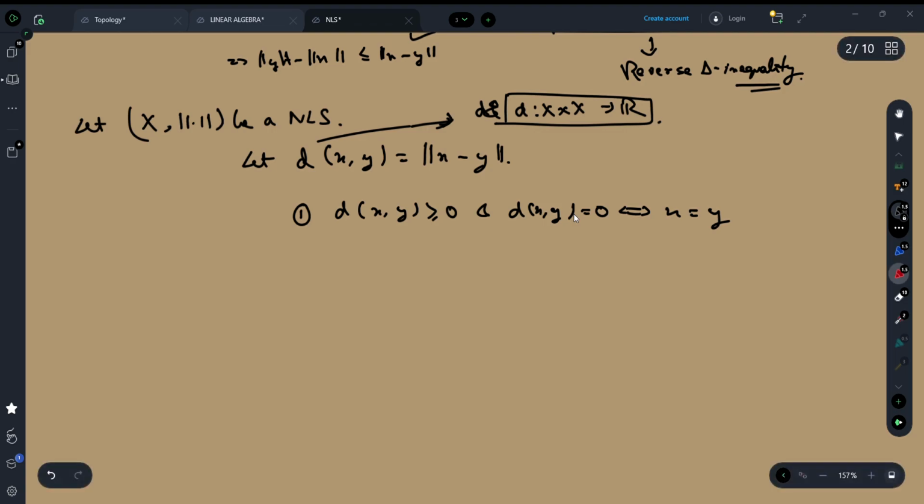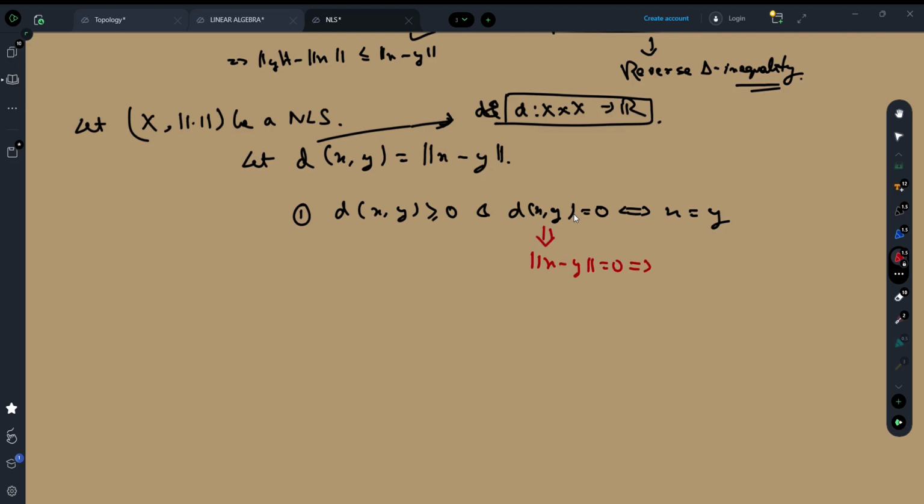Why does this happen? If d of x, y is 0, then norm of x minus y must be equal to 0. But then you should have x minus y equal to 0, and that gives x equals y. So you can just go equivalently on either side.